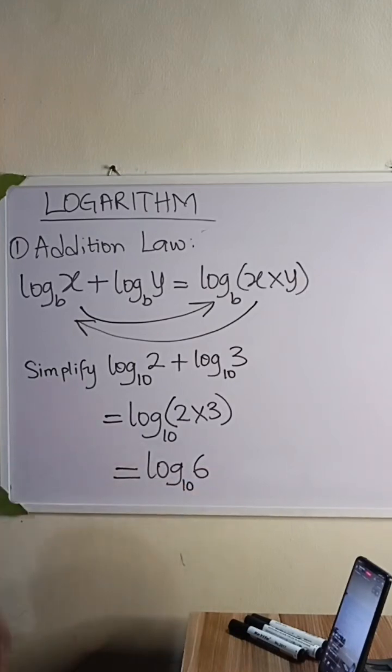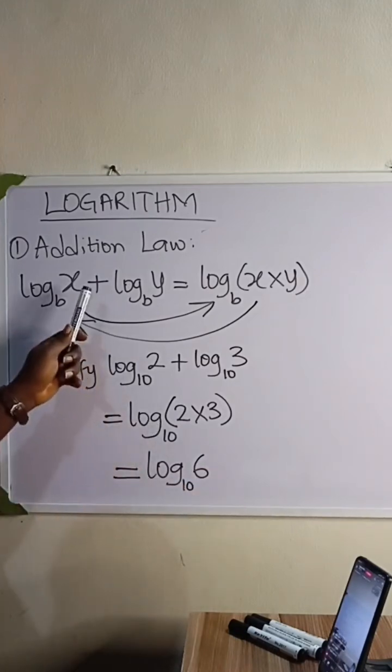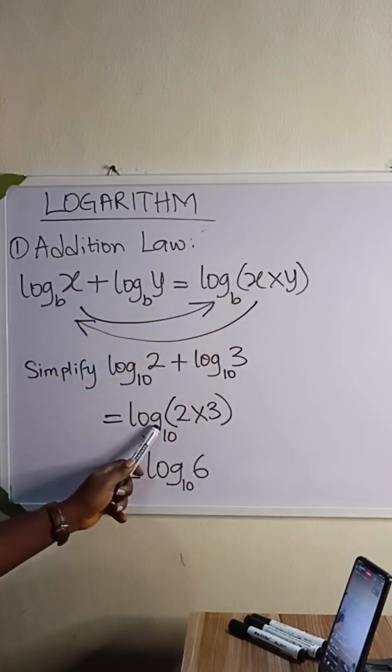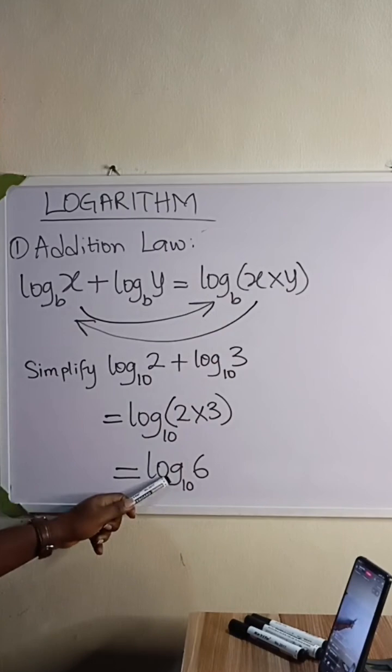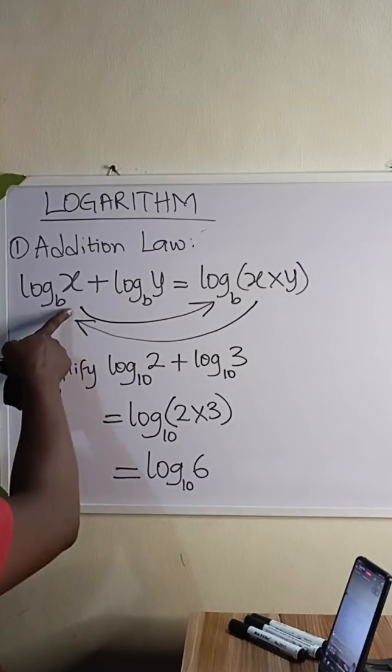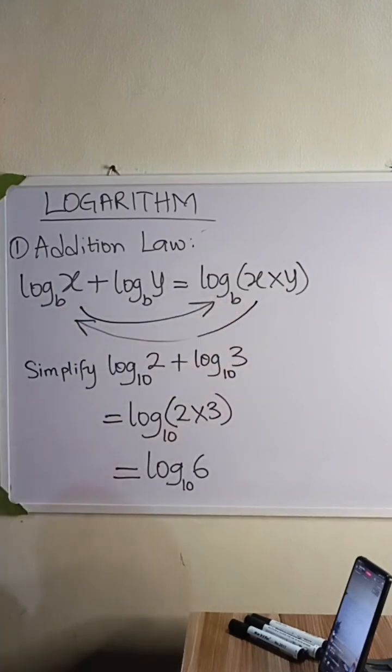So in this situation, we have moved from this way to this way. This is what we have here, but we simplified further to get log 6 base 10. Okay.